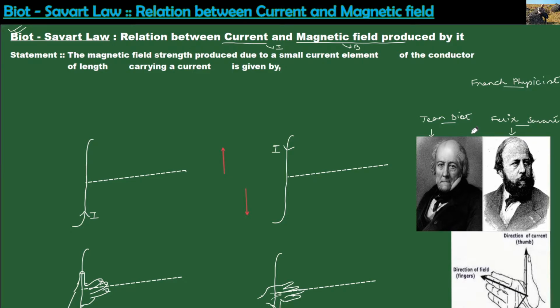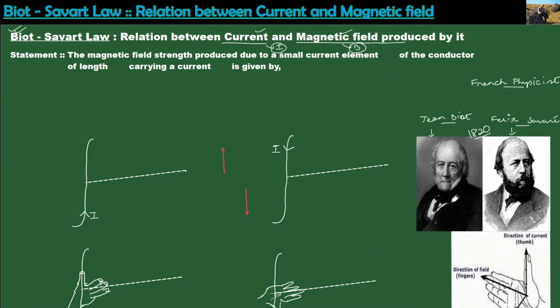Both these scientists collaboratively established this formula in the 19th century, specifically in the year 1820, very close to when Orsted's experiment found that there is a relationship between electricity due to the current I and the magnetic field. This is one of the technological developments in physics which gives us a relationship between the current flowing through the wire and the magnetic field produced by the wire.